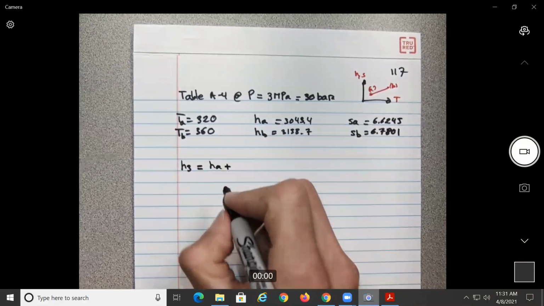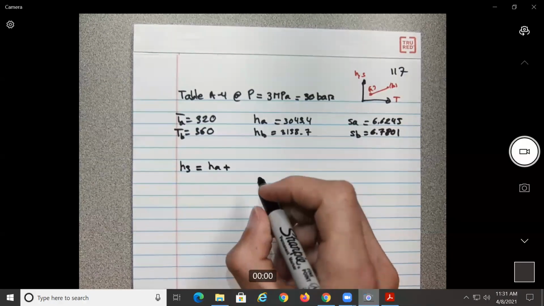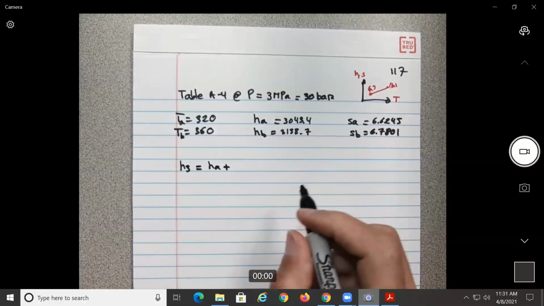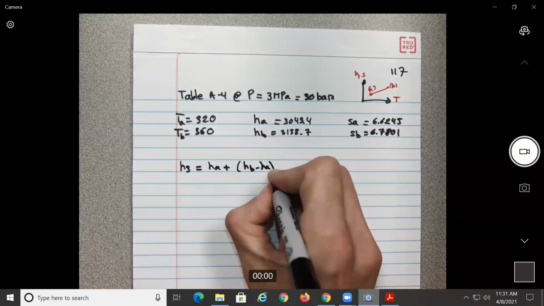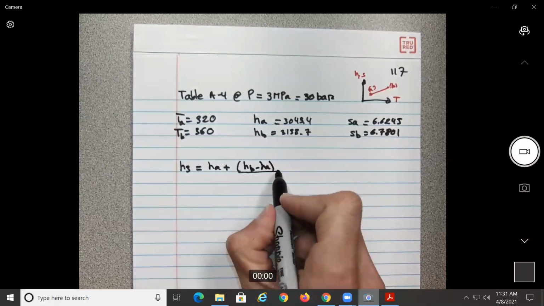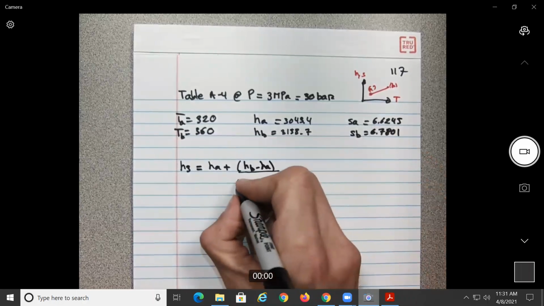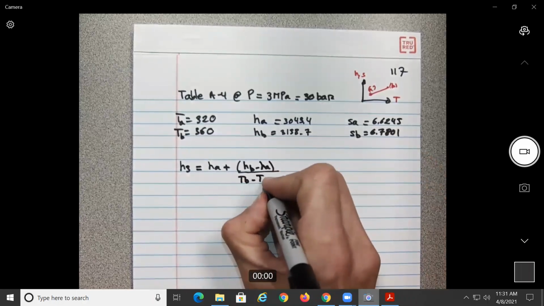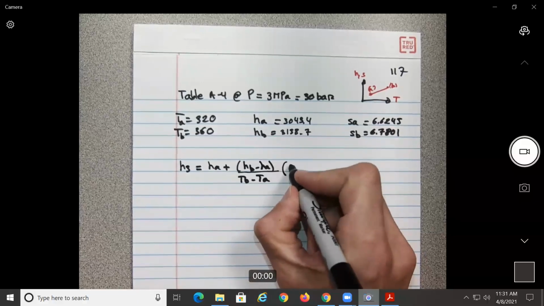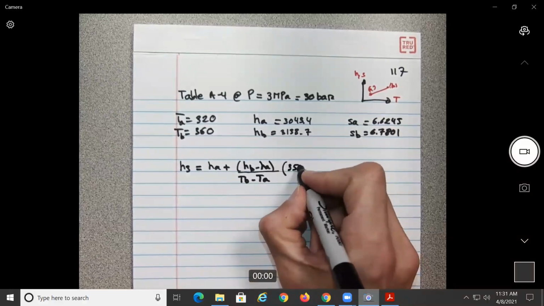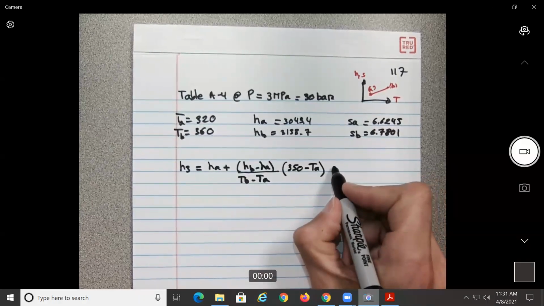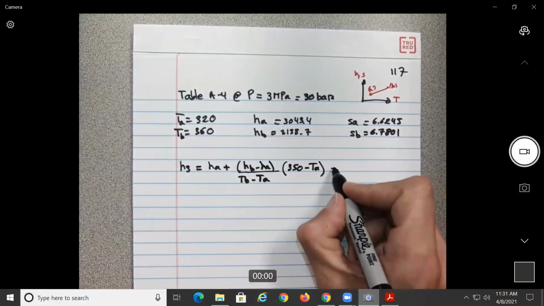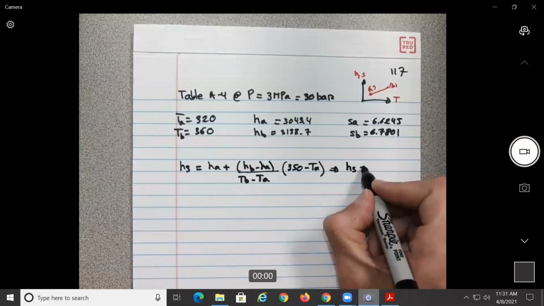H sub A plus H sub B minus H sub A, divided by T sub B minus T sub A, times 350 minus T sub A. And here you can give me the value for H sub 3.